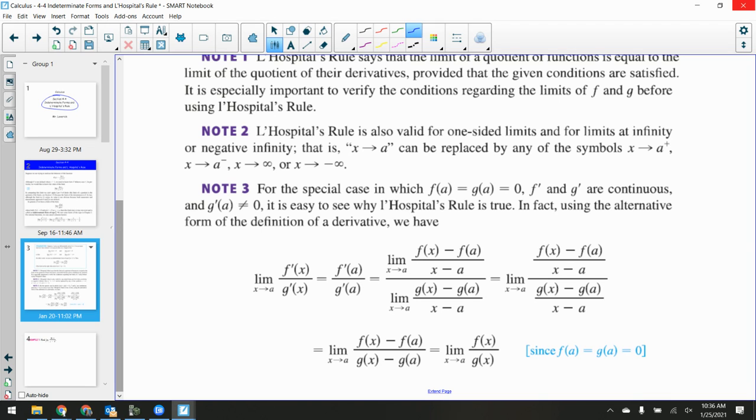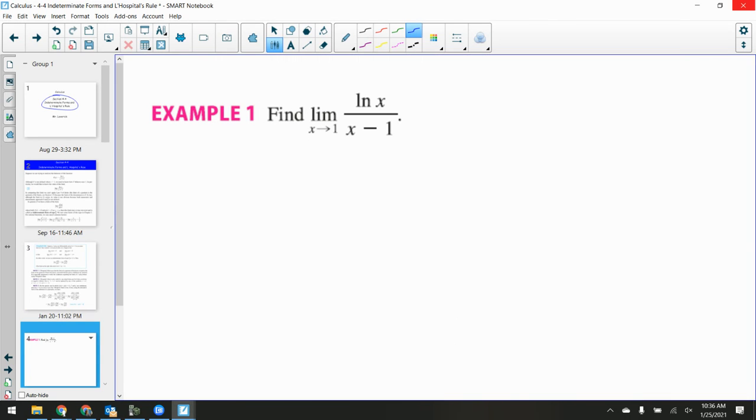Okay, so let's actually find this limit now. This is the one we were thinking about before, ln of x over x minus 1. Let's find this limit using L'Hopital's rule. First thing we want to do is make sure that the hypotheses, the conditions, are met. Like if I took the limit as x approaches 1 of ln of x, what is that?